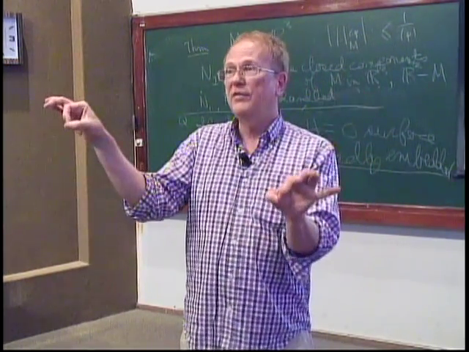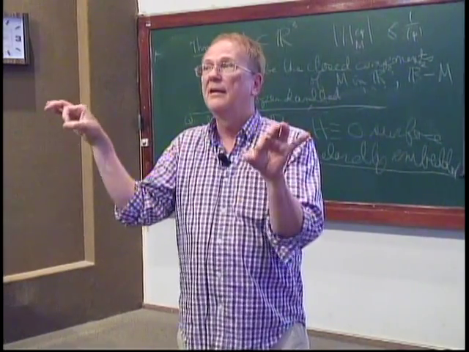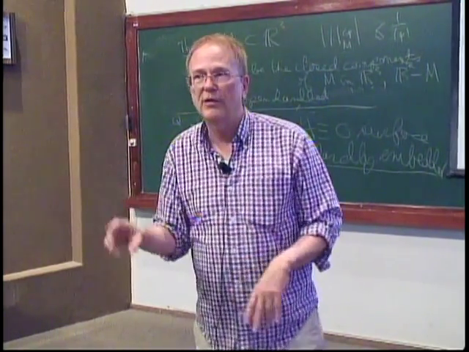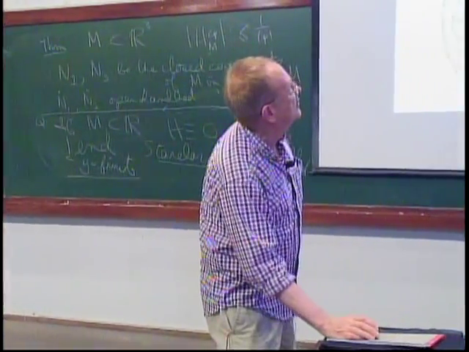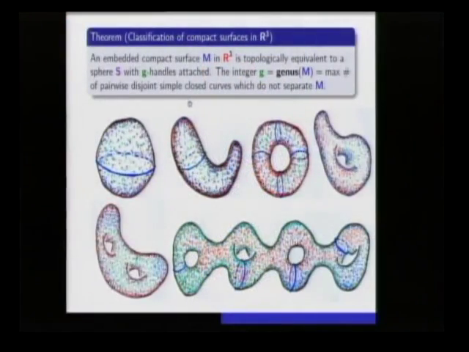Genus 1 means two simple closed curves that don't intersect always separate. That's genus 1, and you keep on going. So the genus is the maximum number of pairwise disjoint simple closed curves that don't separate. So here, for example, 1, 2, 3, 4. If I put any other curve on that surface that's disjoint from the blue curves, it will separate it. Can't put 5. That's the idea of genus.